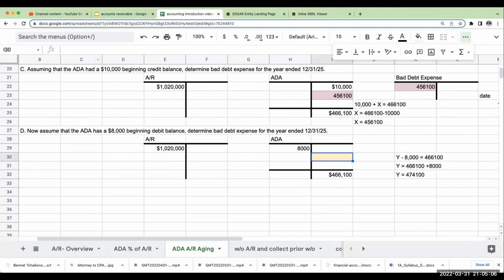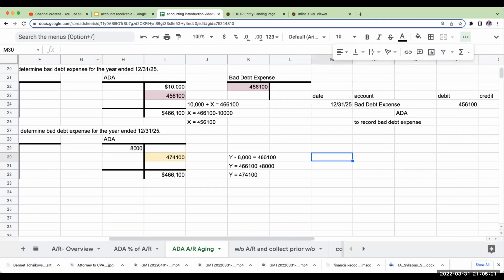Okay, let's see if it works. If I put 474,100 in here, 474,100 minus 8,000 gives me 466,100. So I know I've done it correctly. Always check your work. Now, in terms of the journal entry, it's going to be exactly the same. My date is going to be 12/31/25.